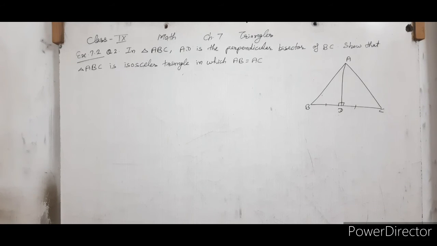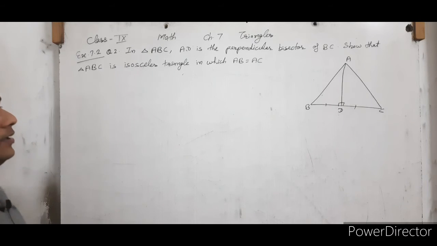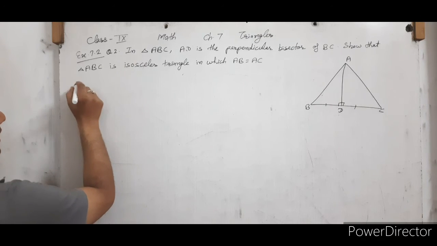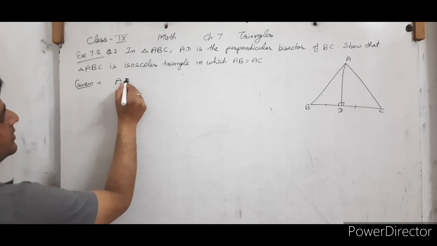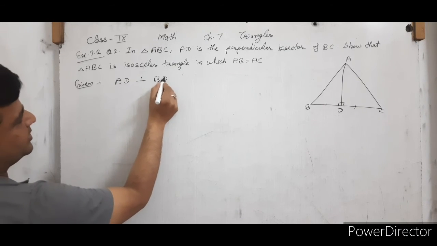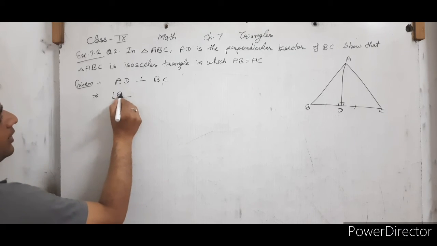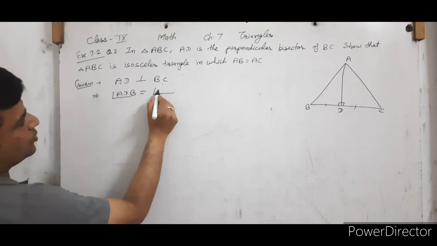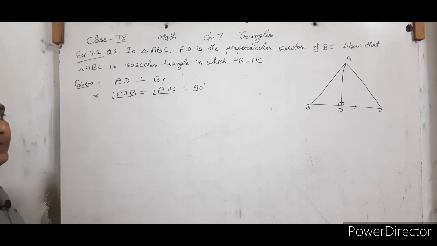Question number 2. It's given that in triangle ABC, AD is the perpendicular bisector of BC. Perpendicular bisector means AD is perpendicular to BC. That means angle ADB is equal to angle ADC is equal to 90 degrees.